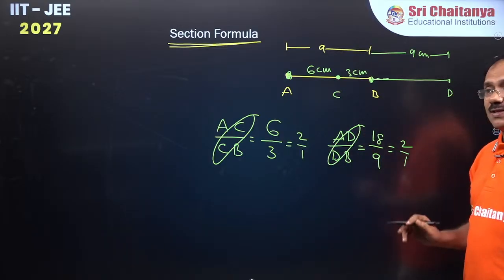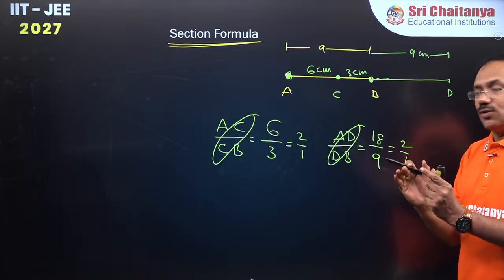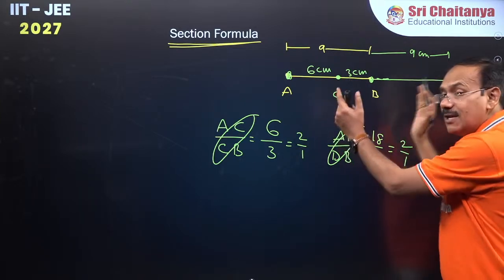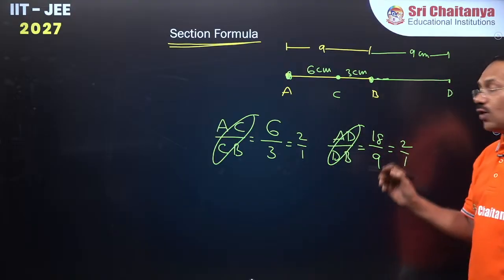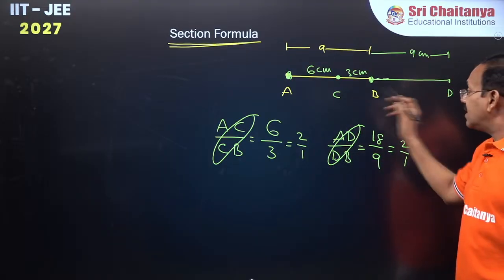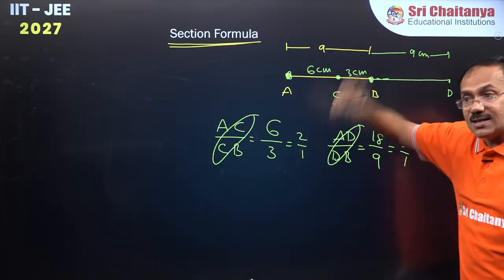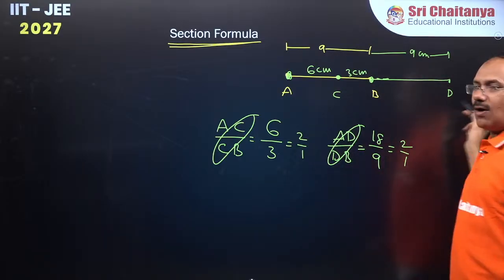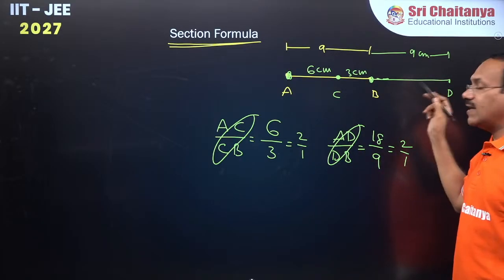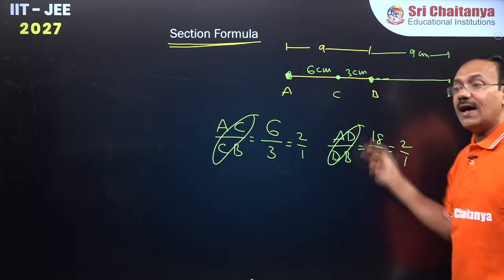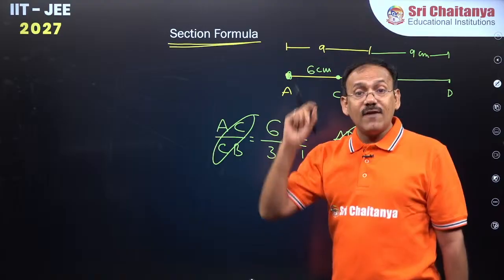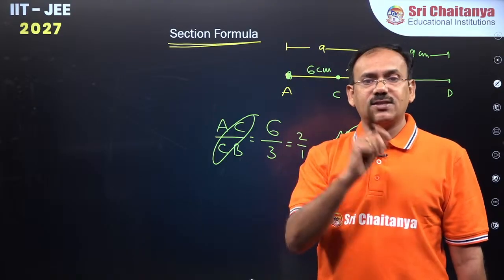That means for the same ratio there are 2 points, but this C is in between AB, so C is dividing AB internally, whereas D is not in between AB, it is outside. So D is dividing AB in the ratio 2:1 externally. Please try to understand the meaning of dividing internally and dividing externally.